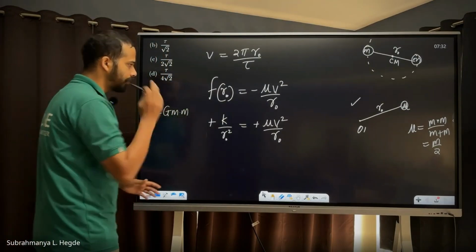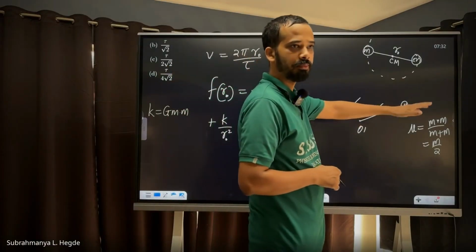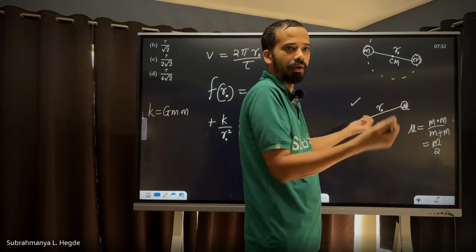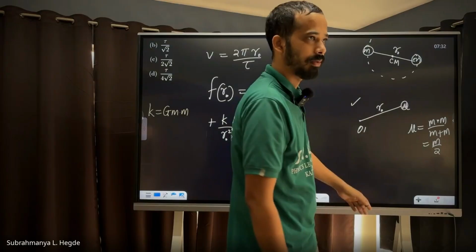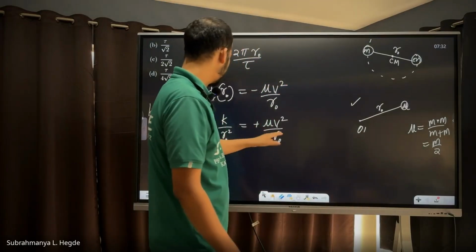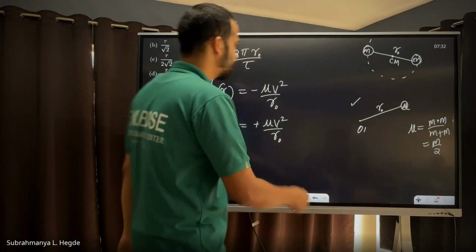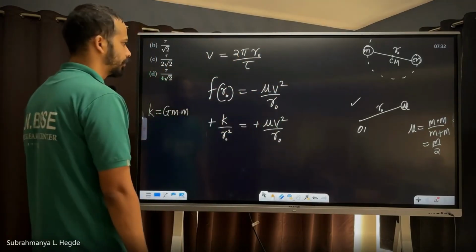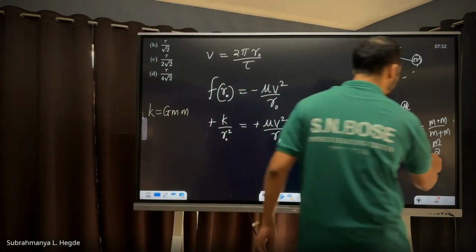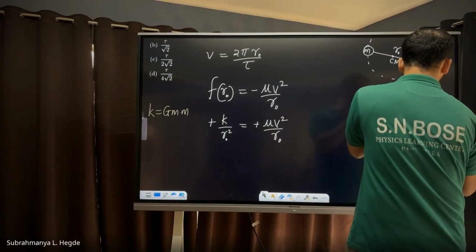But be careful. Whatever I'm thinking is the equivalent one body problem, because I don't have to worry about two bodies in this equivalent one body problem. This is the force on mu toward the center, and that is the centripetal force and all. These are immaterial for me. Is that okay?